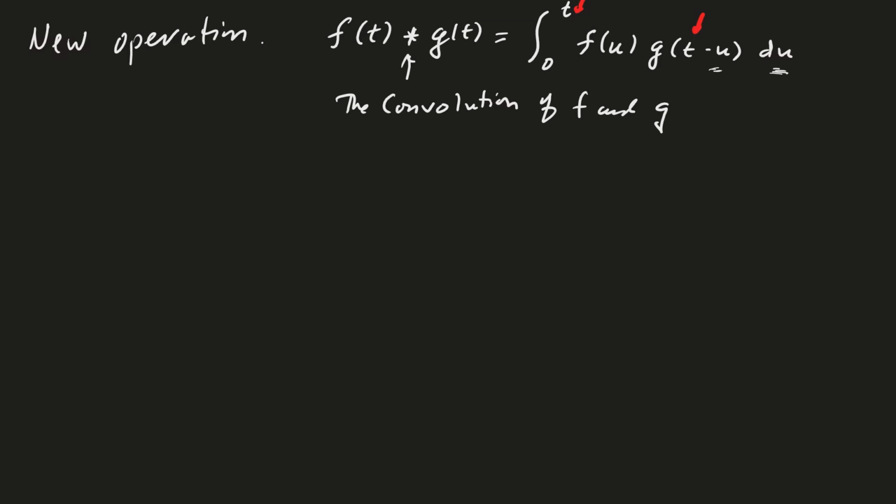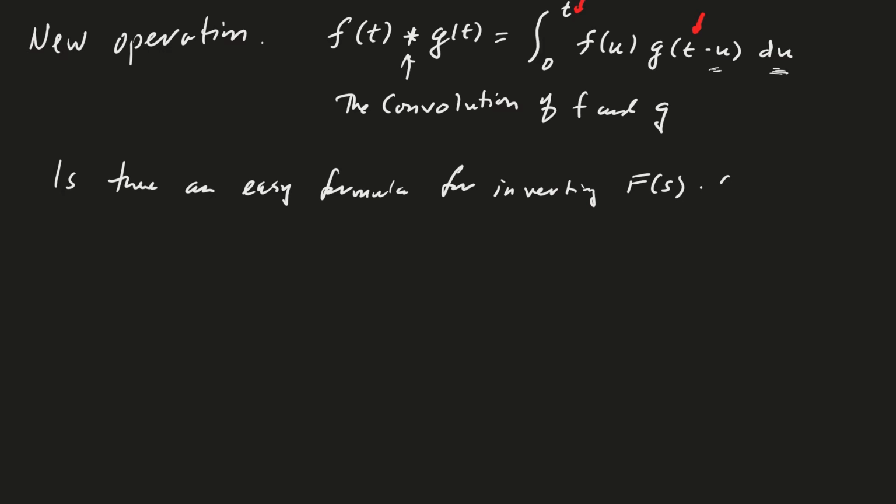Okay, now why would we want to do something like this? As it turns out, we're looking for a way of, is there an easy formula for inverting a product like F of s times G of s?